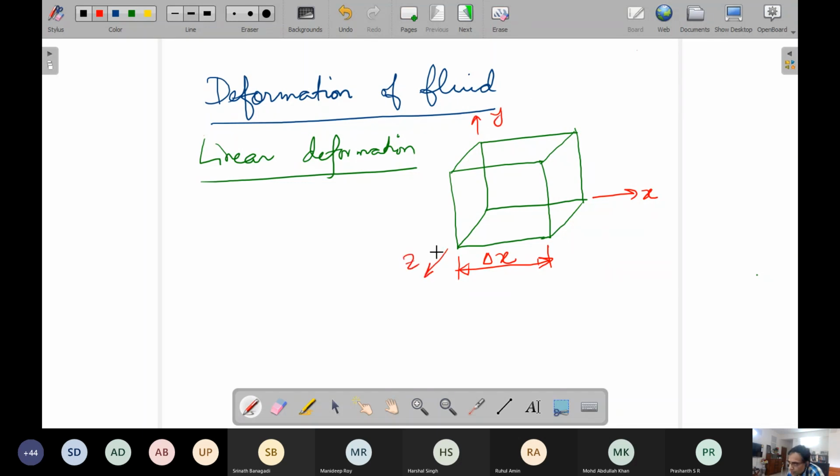But to get a simple physical picture, instead of just a mathematical description, we will consider this, so this is the fluid element, three-dimensional fluid element.